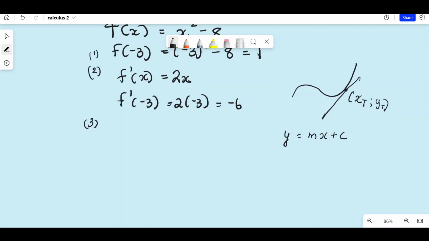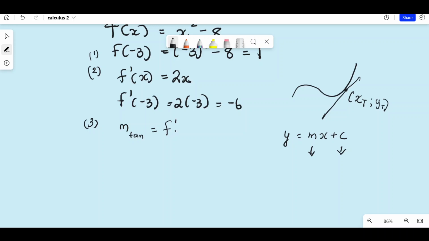That means to find the equation of the tangent, we need the gradient and the y-intercept. But the gradient is the important part here. The gradient of the tangent is found in this way. This is the derivative of the function. That is what we learned when we learned the derivative of a function.